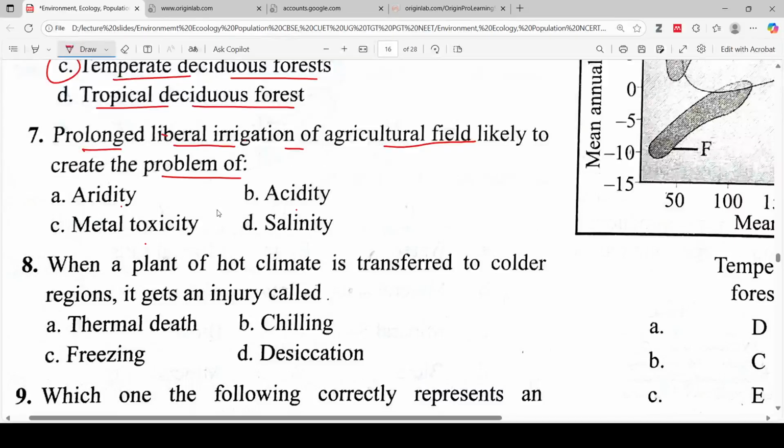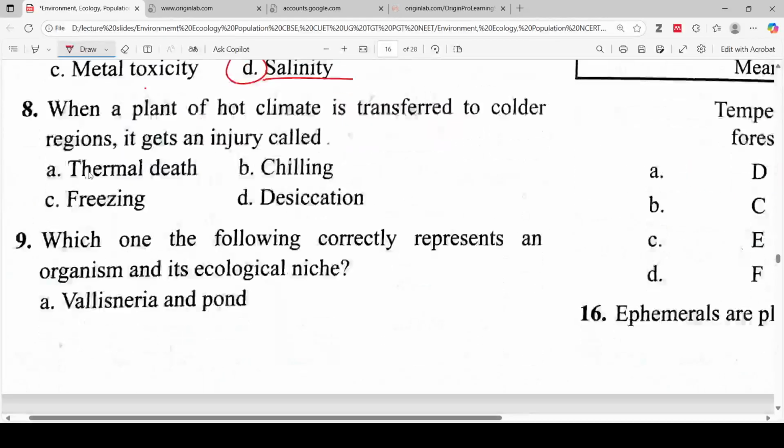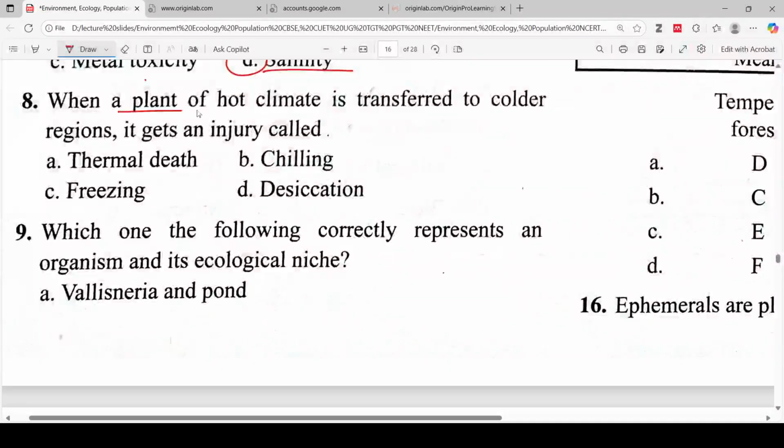So the correct answer will be option D. When a plant of hot climate is transferred to a colder region, it gets an injury called thermal death, chilling, freezing, and desiccation. So the correct answer is chilling.